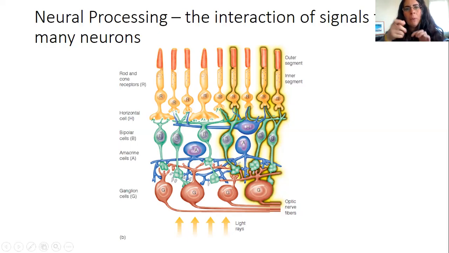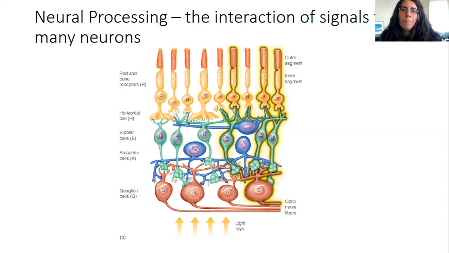At the point at which the optic nerve exits the eye, there are no receptors in that part of the retina, and it's called the blind spot, right? So if there aren't detectors to detect information from out there in the world, there's going to be no messages from that area sent to the brain.